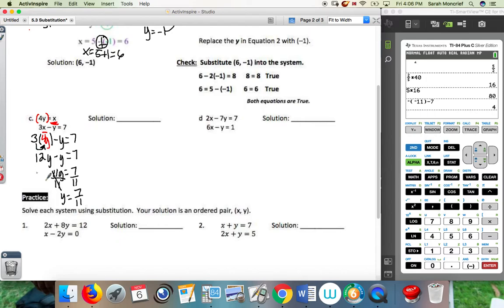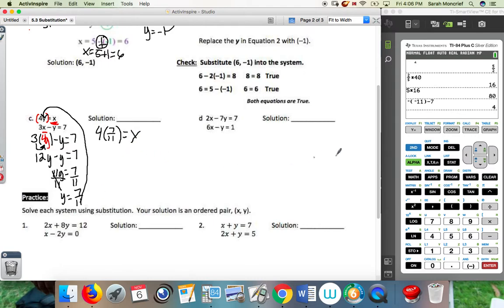All right, so now that we have y, we can plug this 7 over 11 back into our first equation, x is equal to 4y. You don't have to plug it into that one, but I personally think that one's going to be easier. So now we have 4 times 7 over 11 is equal to x.